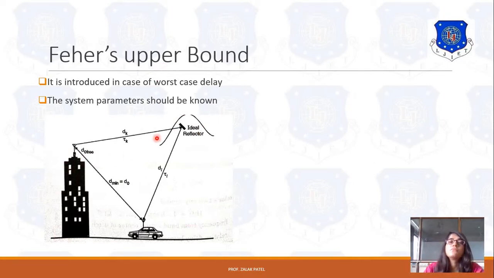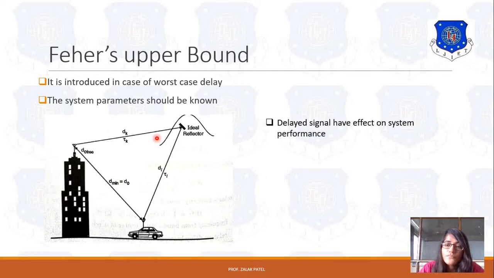So if you remember the case of phase transmission formula in the earlier lecture, then you know that it is used to find out the received power. So here the delay signal has an effect on system performance.